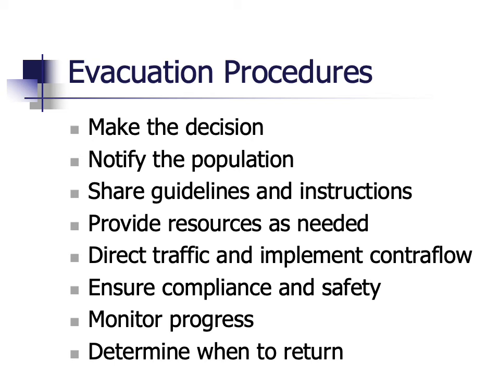We need to provide some resources, whether it's additional fuel or some vehicles and expertise in case cars break down. We need to direct traffic and implement contraflow. In this case, we're reversing some of the lanes to increase our capacity to get people out of town. We want to ensure compliance and safety, monitor our progress, and share information about when people can return when it's safe to do so.